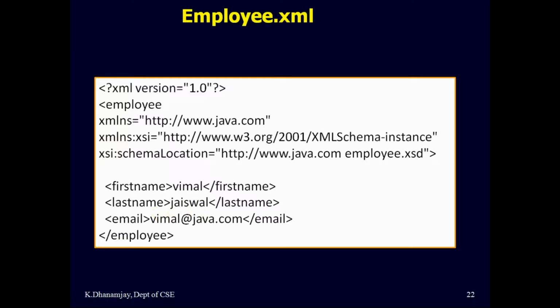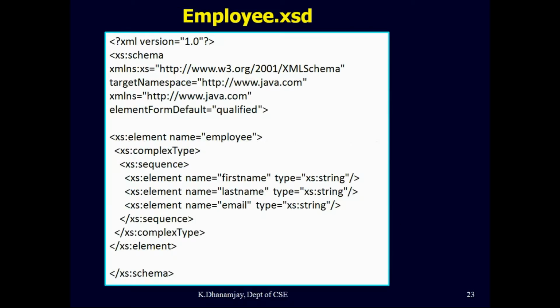Okay, after that you have to design one XSD file, that is the XML schema definition. Why do you have to specify an XML schema definition file? If you are specifying different data types, or if you want to get a different data type value, then you have to use XML schema. Here one XML schema definition file is there. You have to specify the namespace for this, and then specify elementFormDefault as qualified.